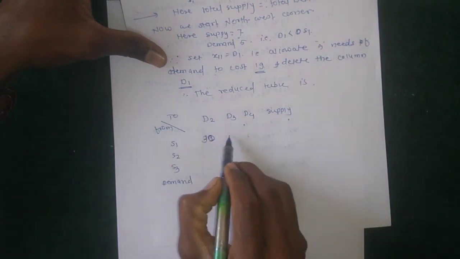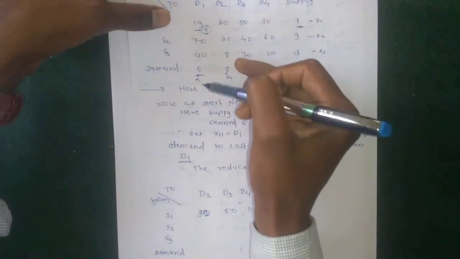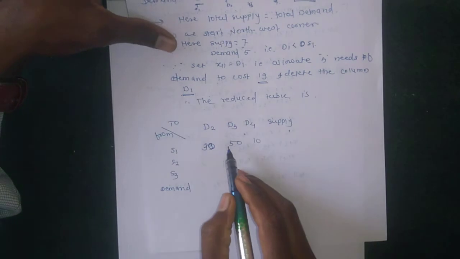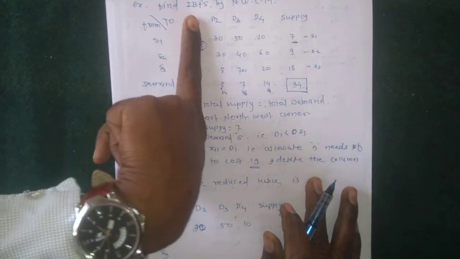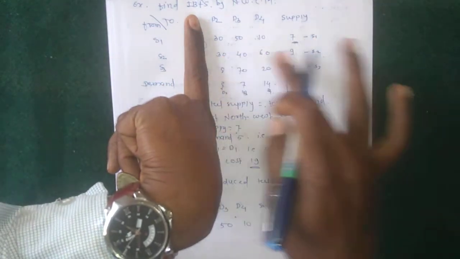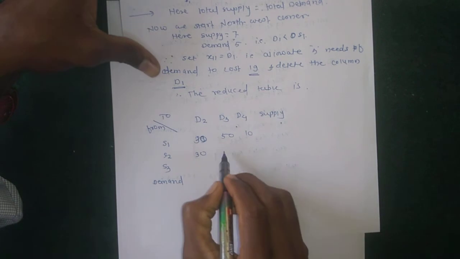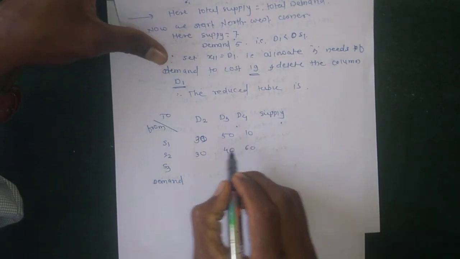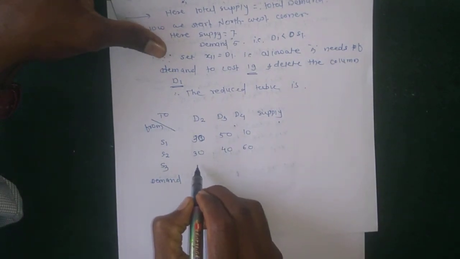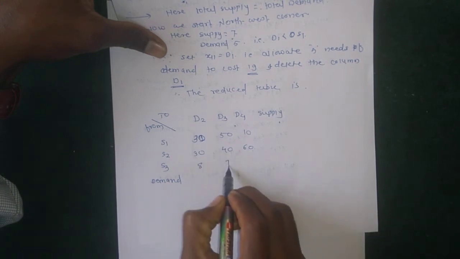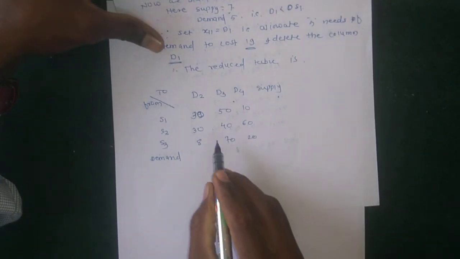For D2, D3, D4 the demands are 30, 50, 10... taking only these values, the costs are 30, 40, 60, then 8, 70 and 20.